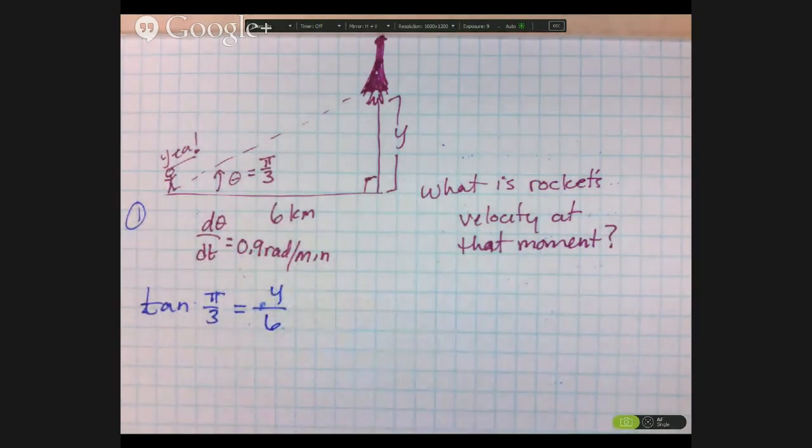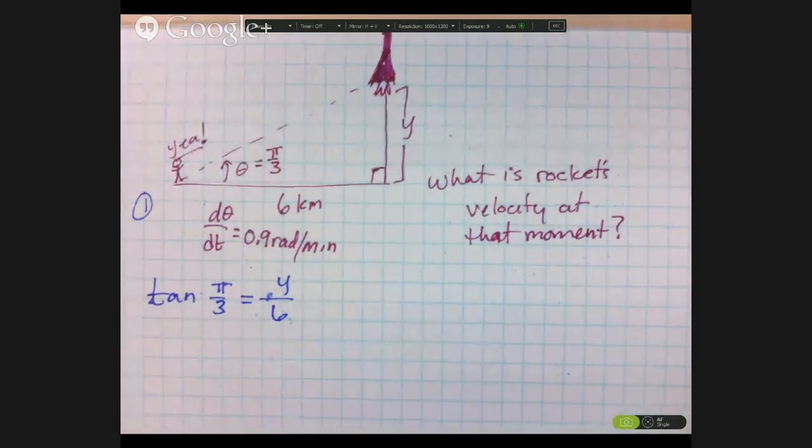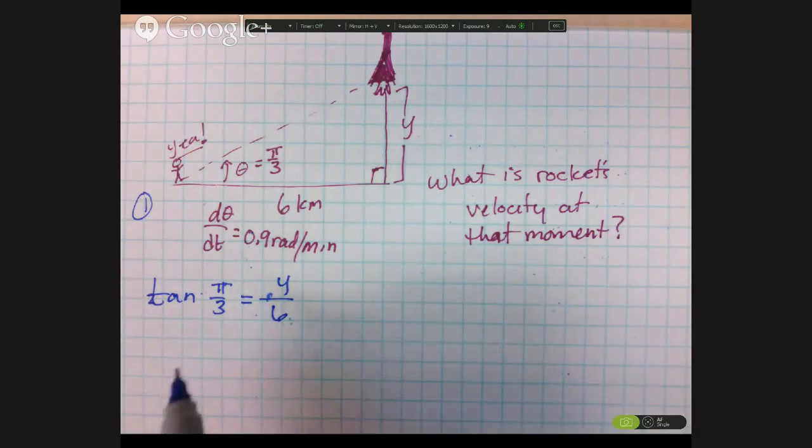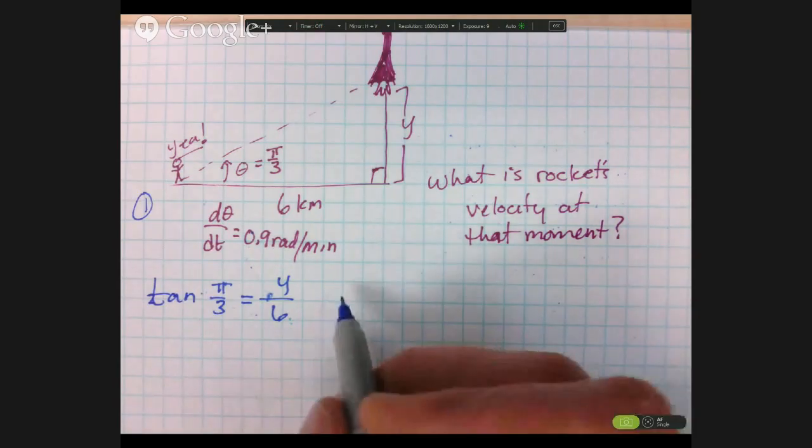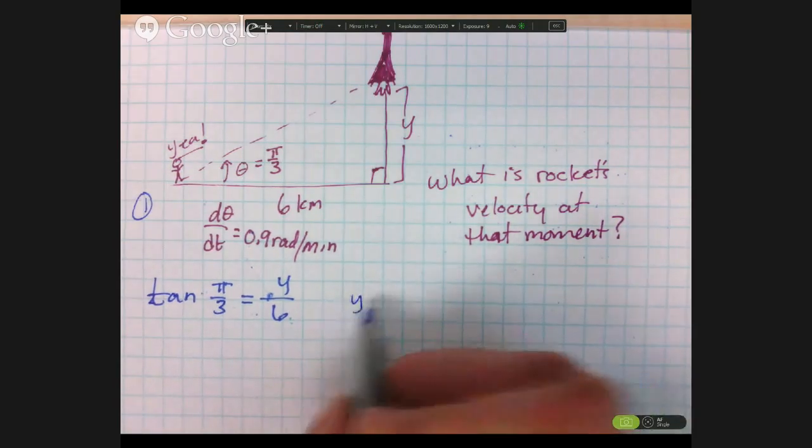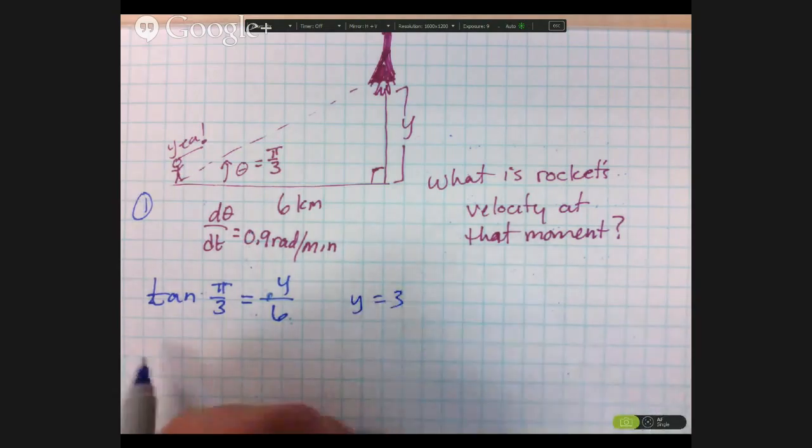How high in the air is the rocket? That's challenge number one. Or do we even need the height of the rocket? Y is 3? Yeah. Okay, I don't think we need it, but it works.